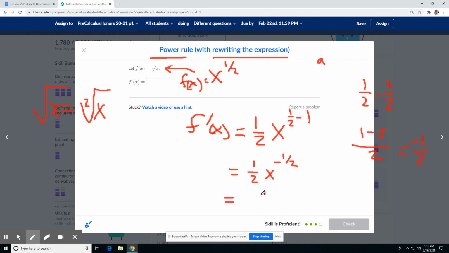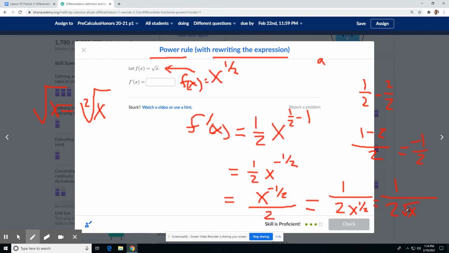This is equal to, I don't want to confuse anyone, so I'll be nice about it. A number times a fraction just moves to the top, and the negative exponent flips it. So 1/2 x to the 1/2, and my original rule is always giving them an answer like the problem. So 2 square root x.